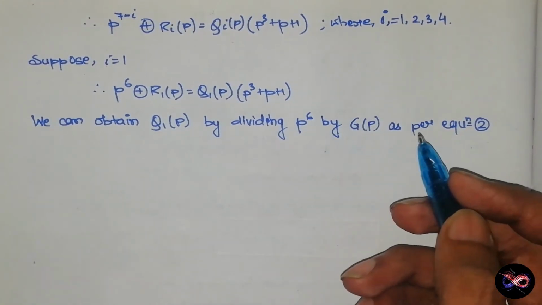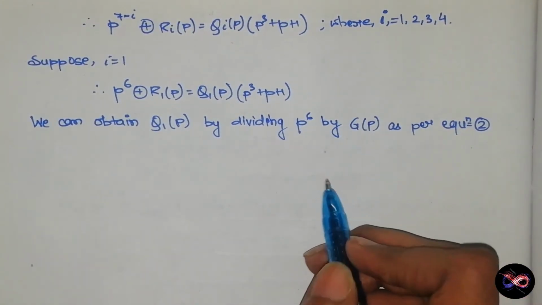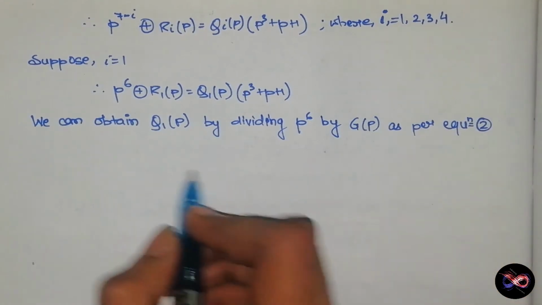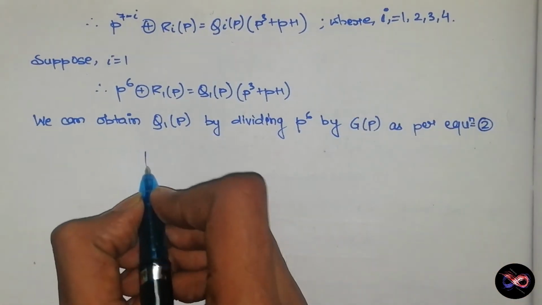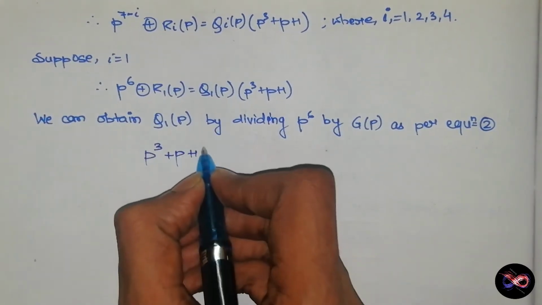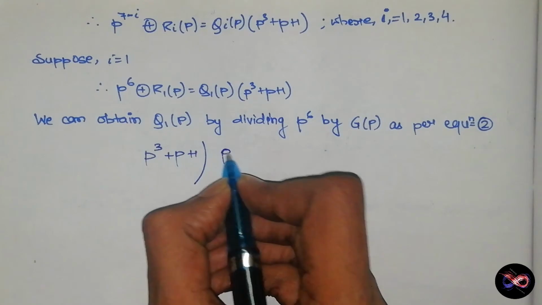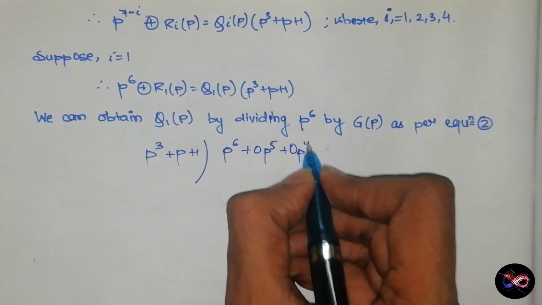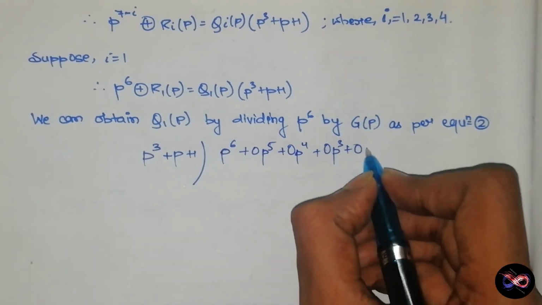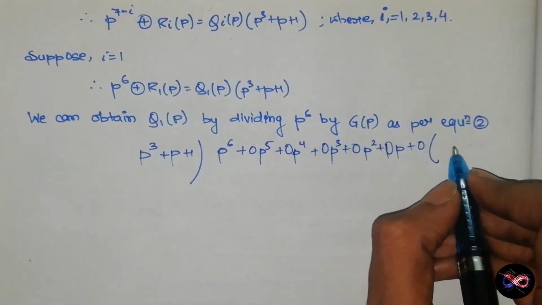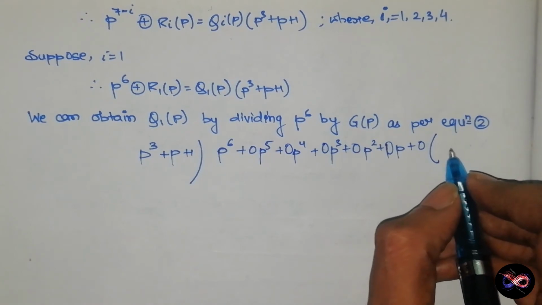That's the basic concept, that if we want to get the quotient, we will divide the dividend by the divisor. So the dividend is p^6 and the divisor is G(p). So the other terms will be 0. So now we need to do the simple division method.